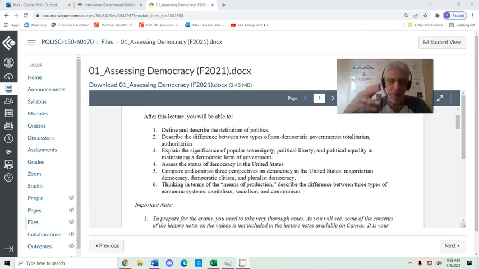I talked about all kinds of things. And then number 4 is assess the status of democracy in the United States, which is huge, people write books about that. But those are the learning objectives. If you look at the study guide, it provides a much narrower emphasis.